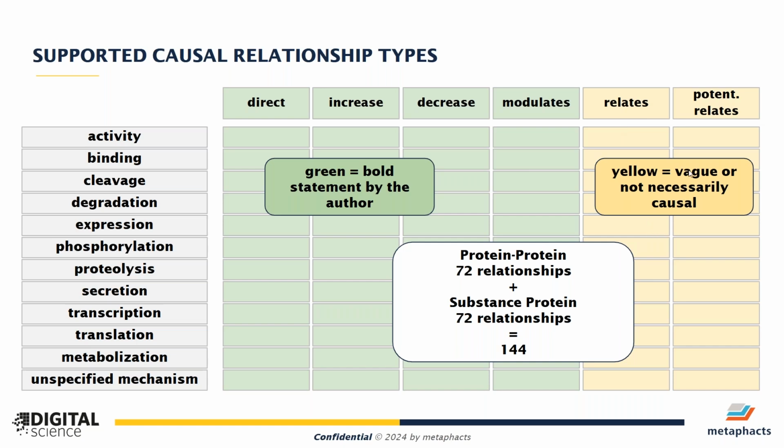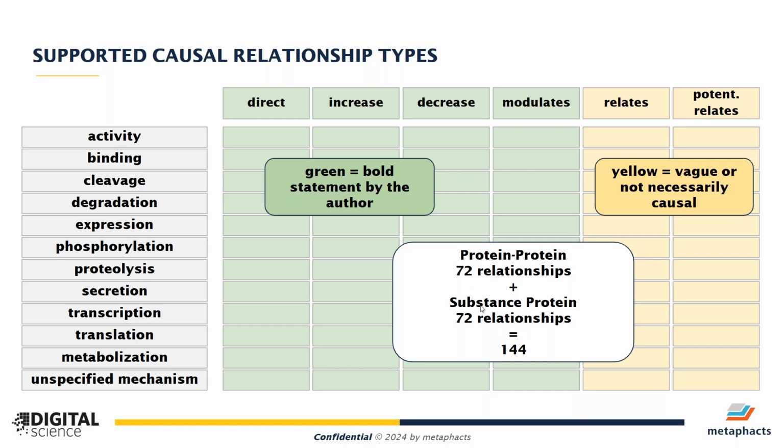Then we have also this relates to as a type of relationships. This is important because we would like to distinguish between the clear statements and the more blurry ones.